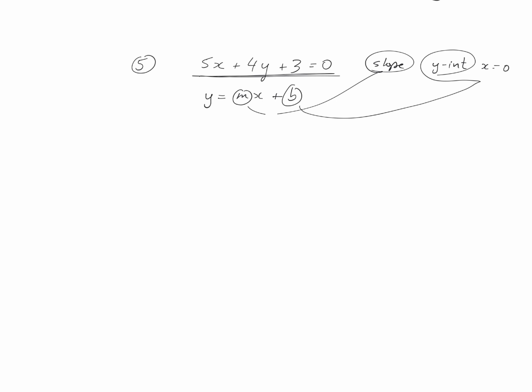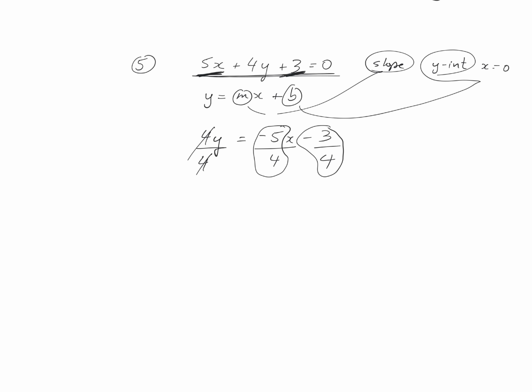So if we do so, we need to get rid of this, and we need to get rid of this so that the 4y is by itself. So we have 4y, we subtract 5x from both sides, and we subtract 3 from both sides, so we get negative 5x minus 3. And then we divide both sides by 4, which means dividing each term by 4, and these cancel, and you can see that the slope is right here, and this is the y-intercept.